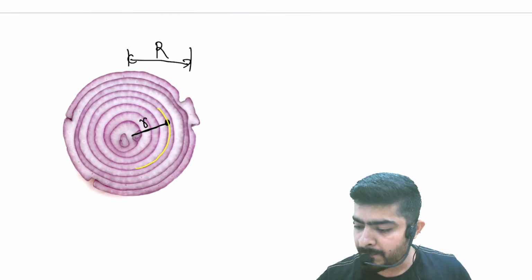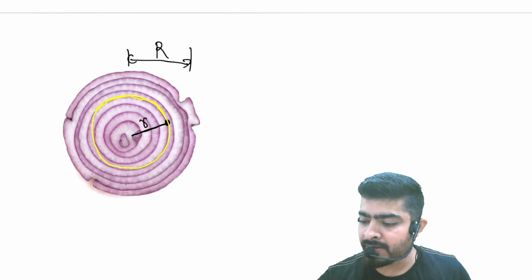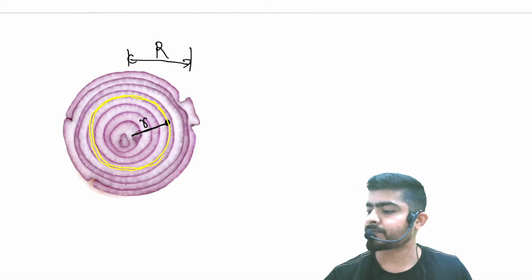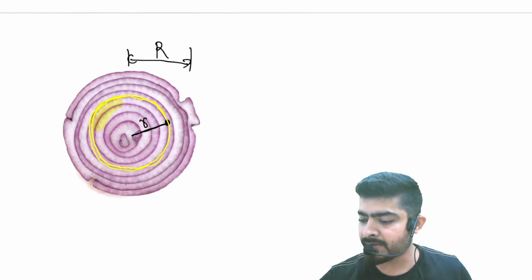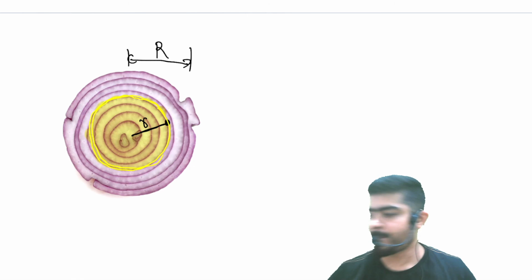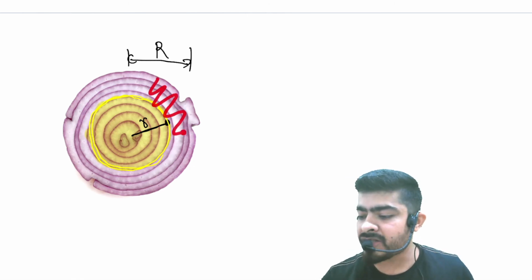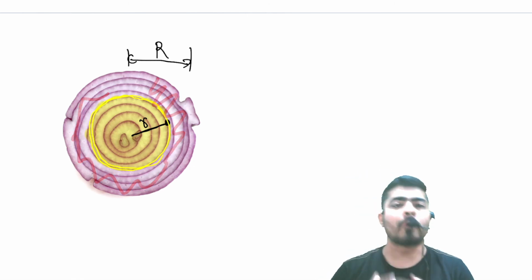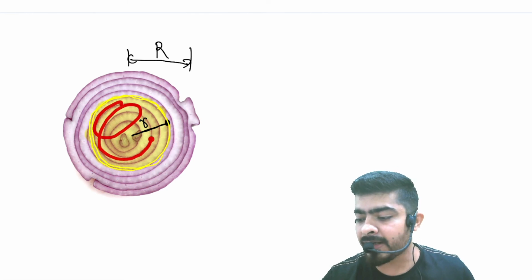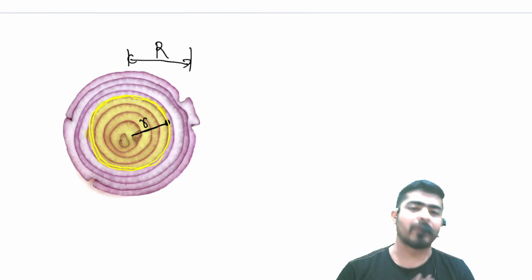So here is my inner part of the sphere, right? Let's highlight this. Okay. So now I have a shell which is outside that point and I have a sphere which is inside that point.